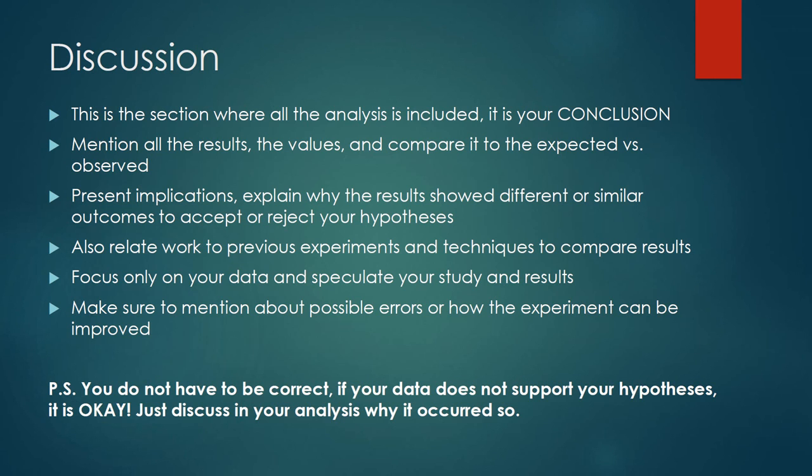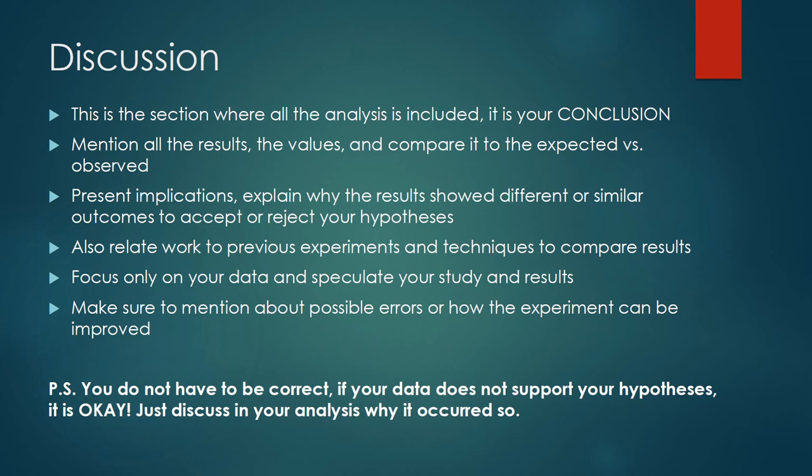And present implications, explaining why the results show different or similar outcomes to accept or reject your hypothesis. By the time you're done, you should state if your hypothesis is accepted or rejected based on your information, because that's the whole point of it. You started your introduction by saying, this is my hypothesis, this is my prediction, and this is why I came up with this.